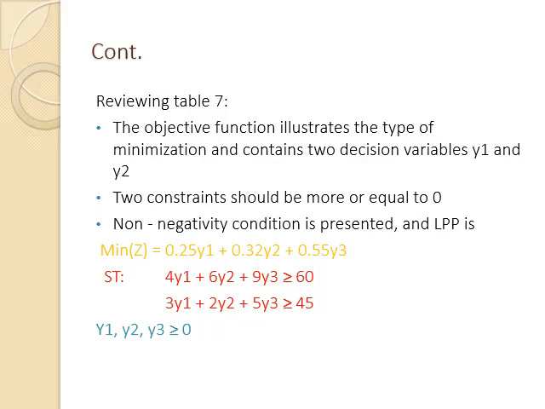In case of more or equal, that's good. In case of less or equal, we are going to multiply the inequalities by -1. Okay. The second constraint is y1 plus 2y2 plus 5y3 more or equal 45. That's good.